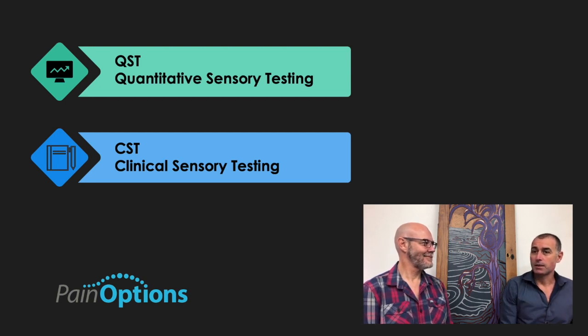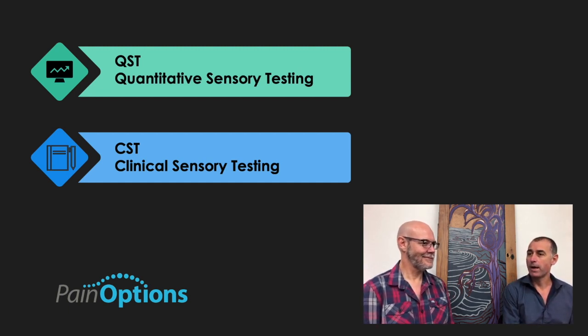We're using some of these tests to add information about someone's presentation. We're not trying to make black and white conclusions around central sensitisation or peripheral sensitisation. Just knowing that there's increased pain sensitivity, or that they're broadly more sensitised in their presentation, is really helpful in explaining that to the patient, and gives us a picture of where we might head to help guide this person to get better.